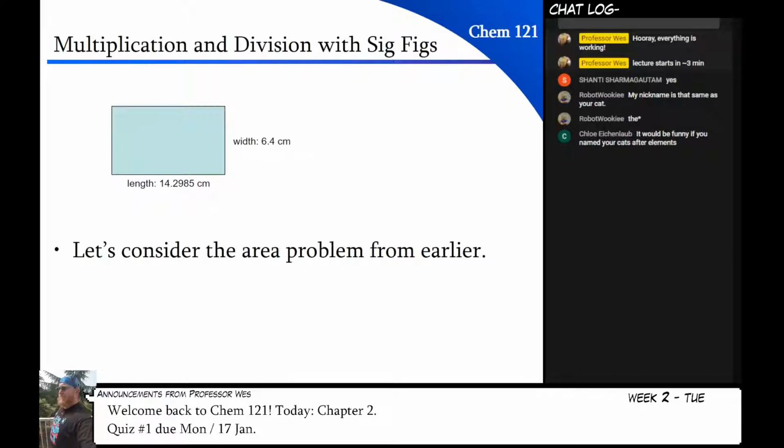It would be funny if you named your cats after elements. Oh man, I love chemistry, but I don't want anything to do with chemistry in my life, so I'm not going to name any cats after constants or stuff. I named my cats, and this is true, after video game monsters. So if you've played Shin Megami Tensei, Maya and Kresnik are monsters in that.